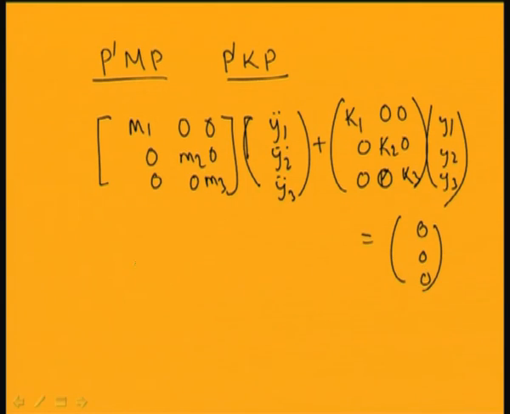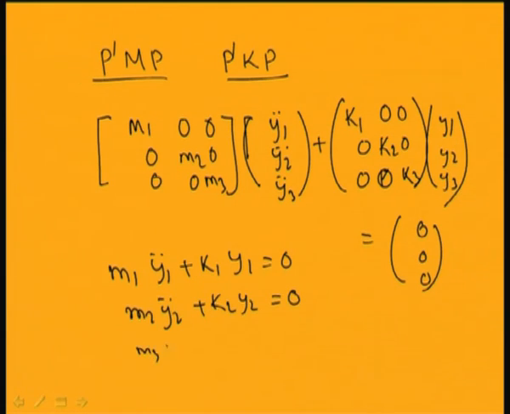This can be written as 3 single degree of freedom equations: M1 Y1 double dot plus K1 Y1 equal to 0, M2 Y2 double dot plus K2 Y2 equal to 0, and M3 Y3 double dot plus K3 Y3 equal to 0.